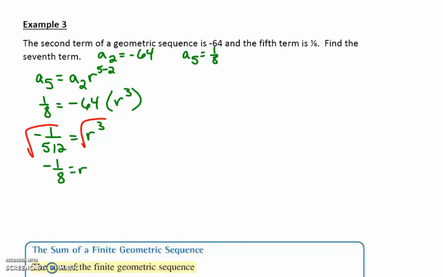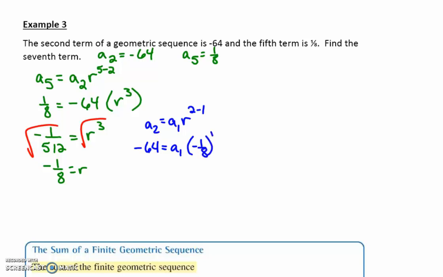Now we can find the general form for this sequence. We can say a sub 2 is equal to a sub 1 times r to the 2 minus 1. We know a sub 2 is -64, and we want to find a sub 1. R was -1/8, and 2 minus 1 is just 1.